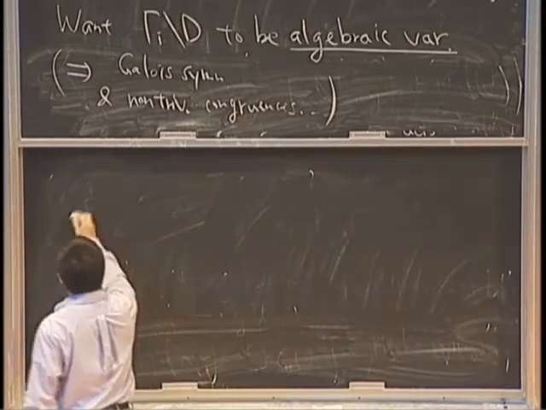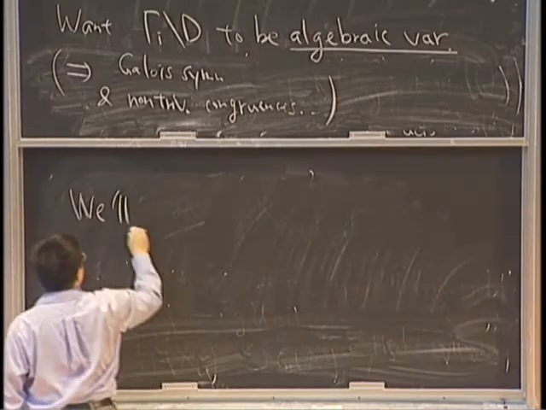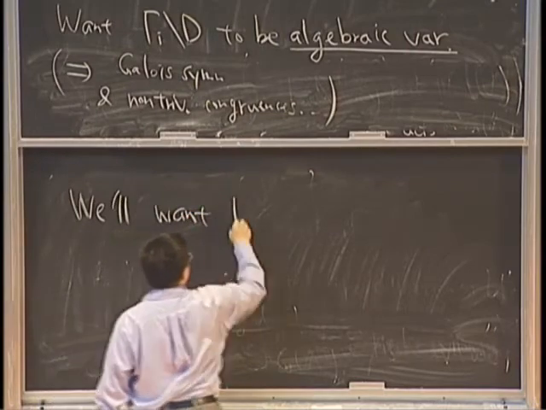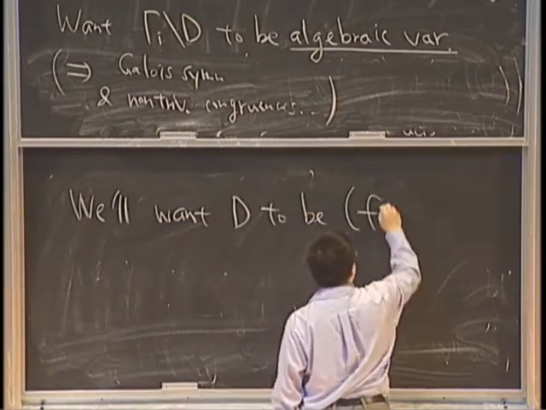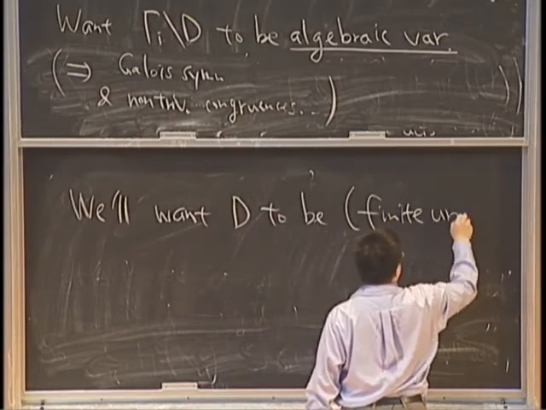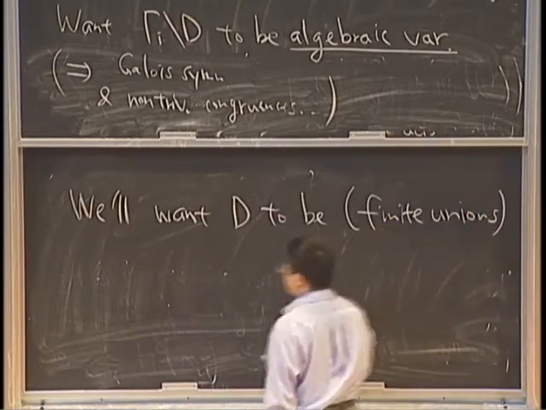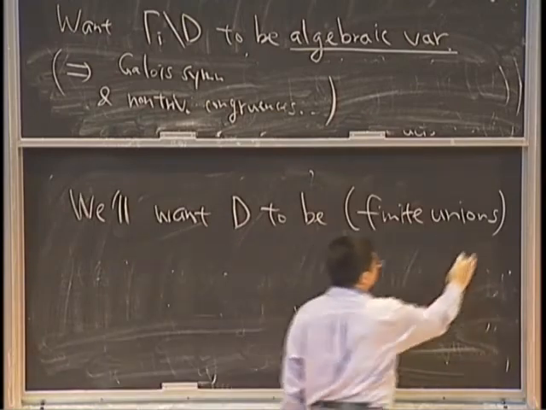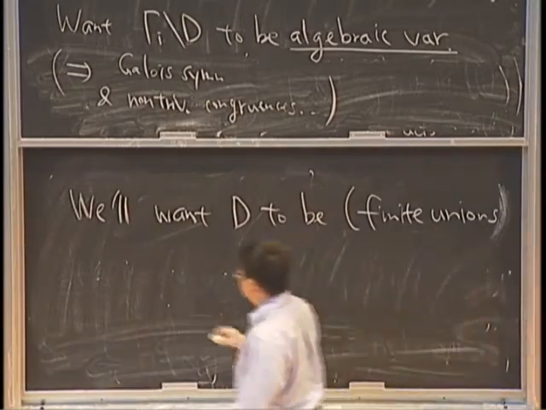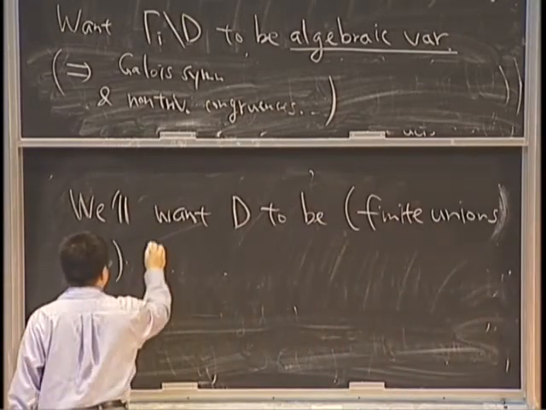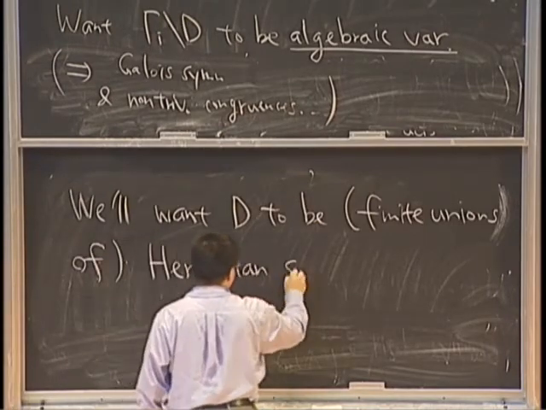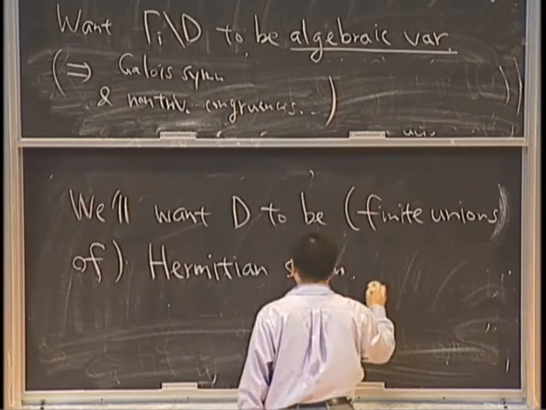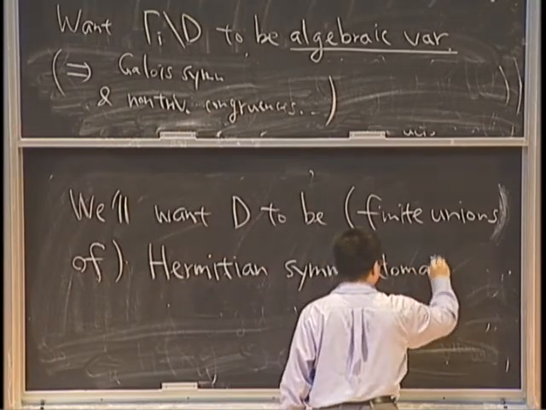We want D to be, to be more precise, finite unions of the so-called Hermitian symmetry spaces, or more precisely, Hermitian symmetry domains.